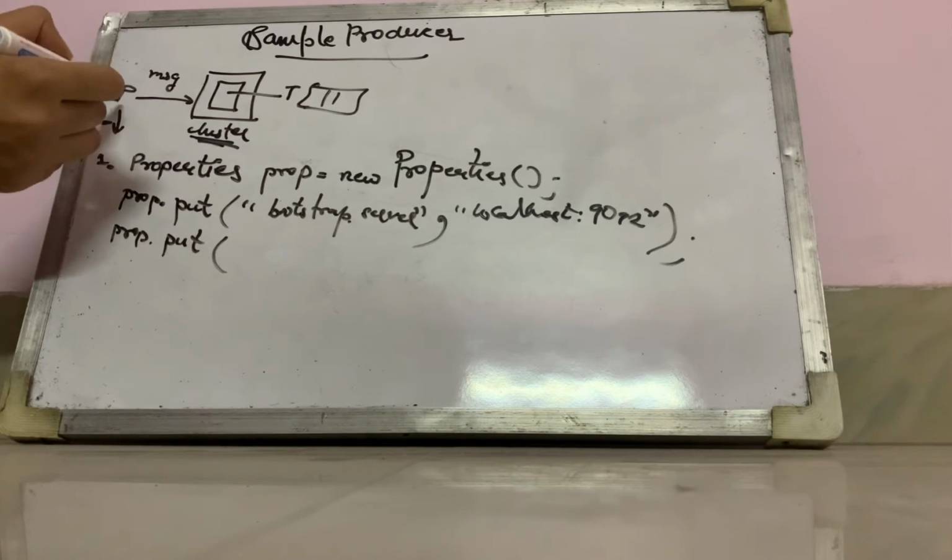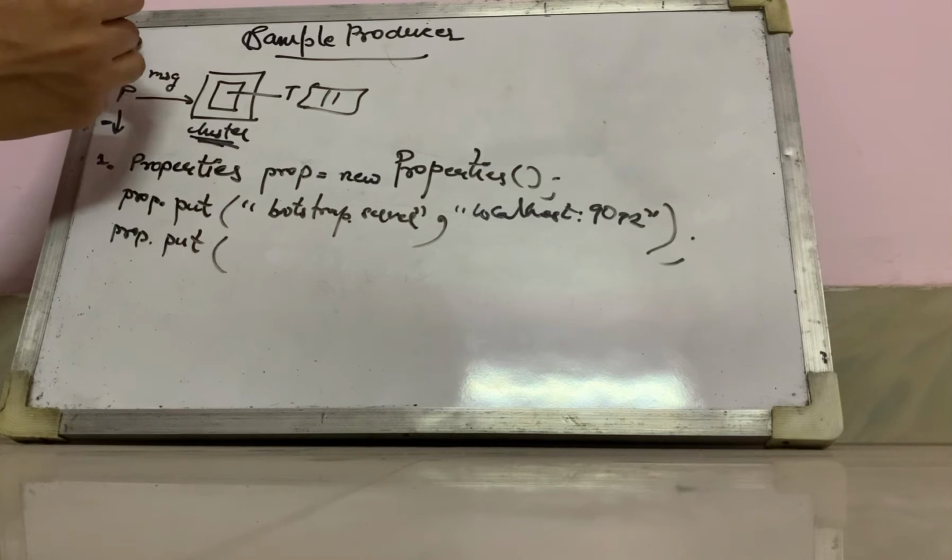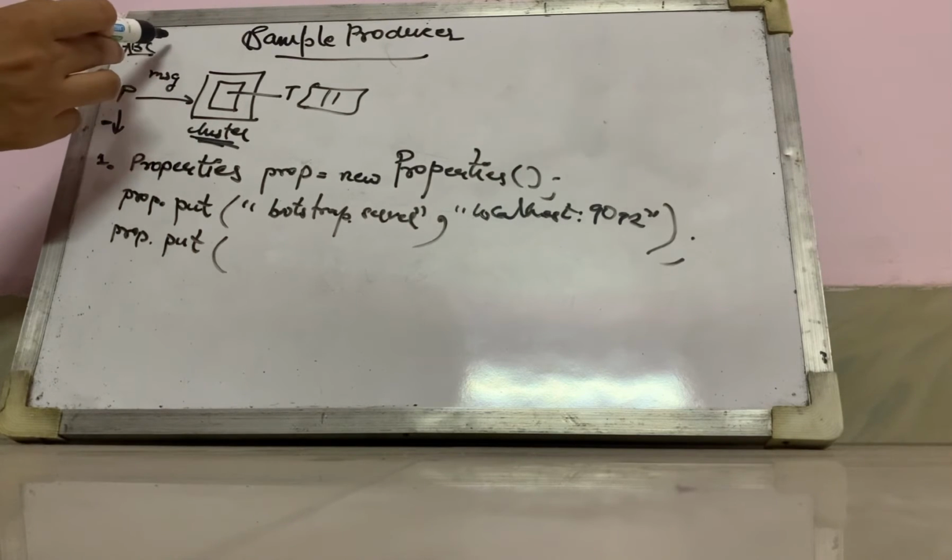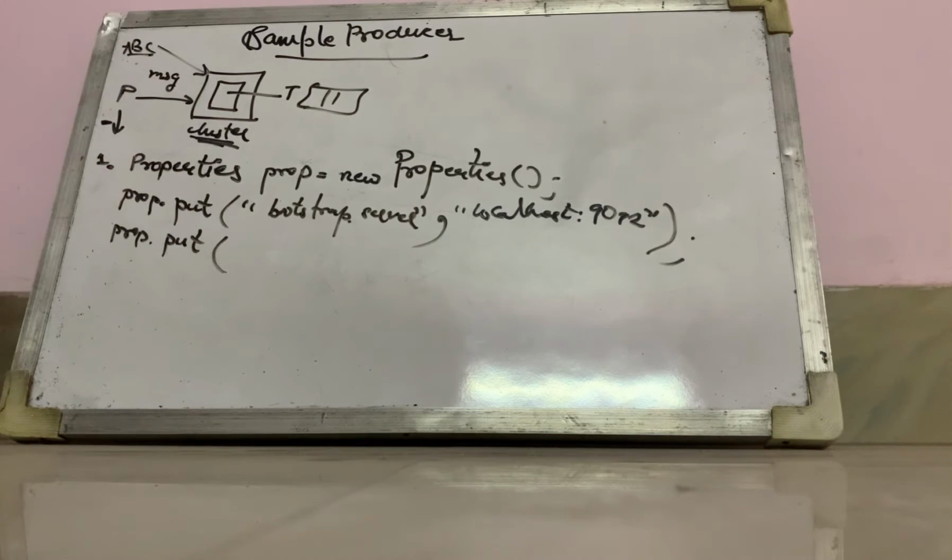Suppose the producer has some message ABC and it wants to send it to the Kafka cluster. Do you think sending ABC over the network to the Kafka cluster is going to work? Is it a good way to send this ABC directly over the network? No. So we need serialization.